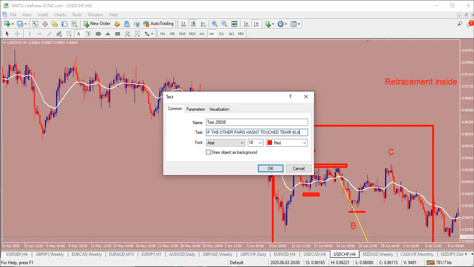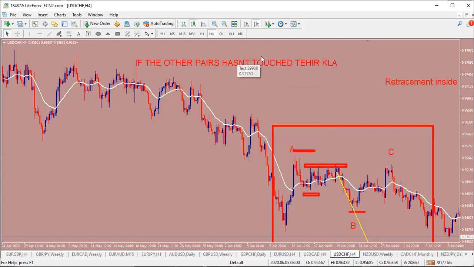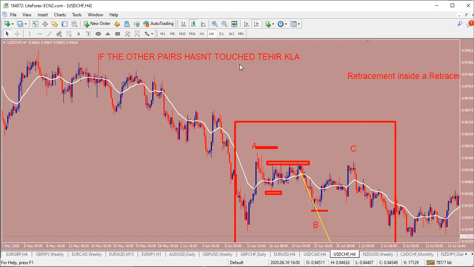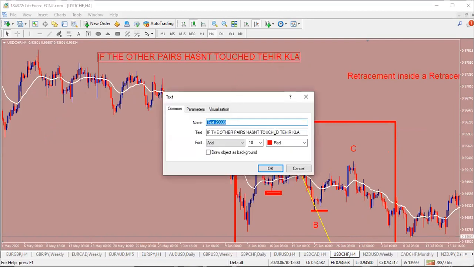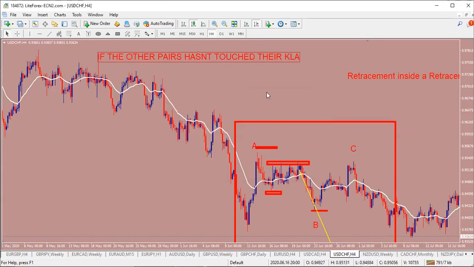Now, remember we have every pair that has to do with euro, right? For example, we have Euro USD, Euro GBP, Euro CAD, Euro NZD, Euro CHF. Yes or no? Yes. Good.